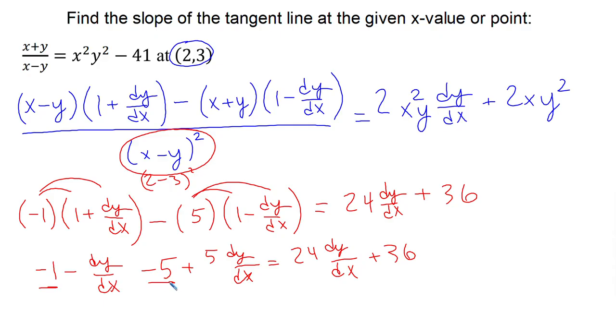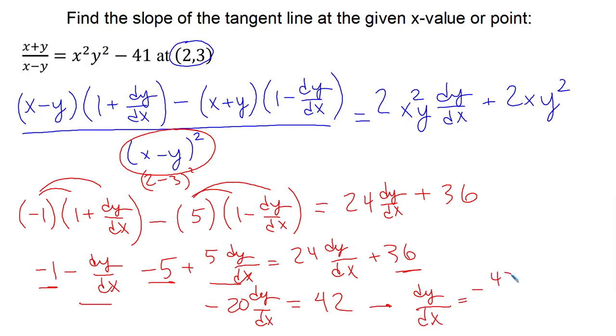And if I add 6 to the other side, that's going to give me 42 over here, right, the 36 plus 6. And on this side, I'm going to have a negative 1 dy/dx plus a 5 dy/dx is 4 dy/dx. And if I subtract the 24, that'll be negative 20 dy/dx. And so we can then solve for dy/dx and get negative 42/20, which is just negative 21/10.